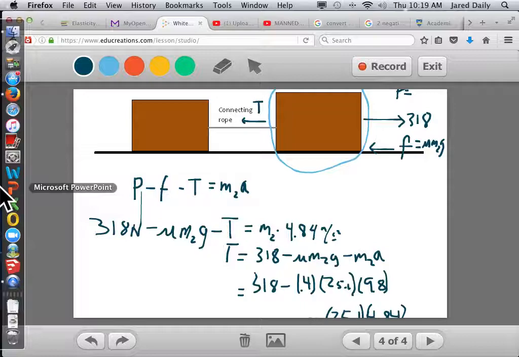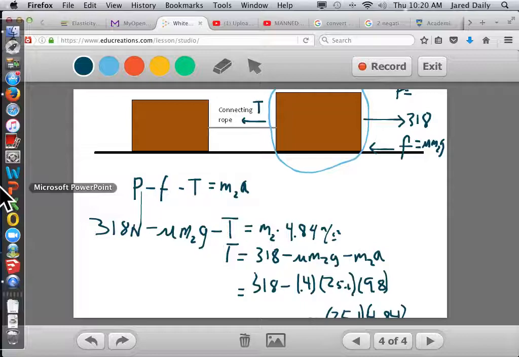And then we're going to subtract off. Yours is 0.34 times 1. What did you get for your acceleration?